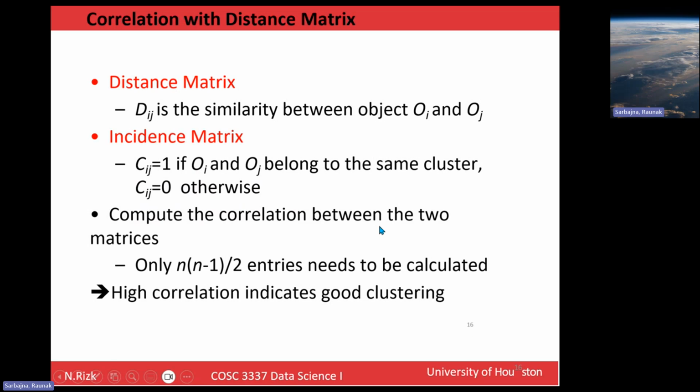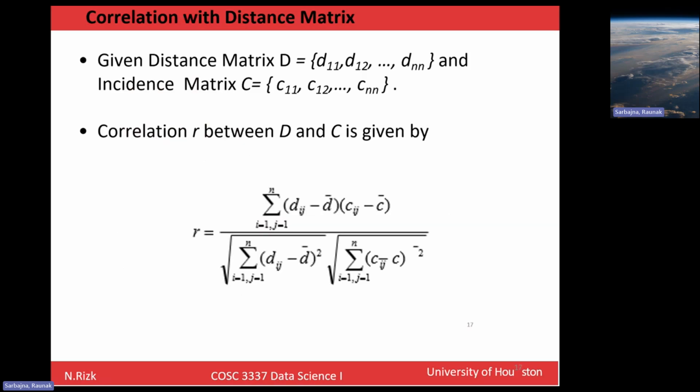If you have very high correlation, then your clustering is good, as is obvious. This is a standard correlation formula, just modified to work with a distance matrix and an incidence matrix. This is not very useful for you because nobody does this by hand, but it's there just so that you know what a distance matrix and an incidence matrix are.